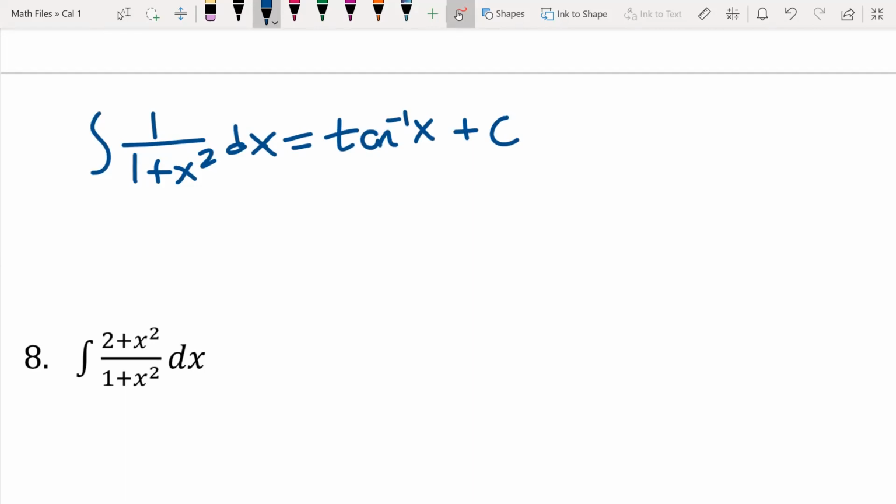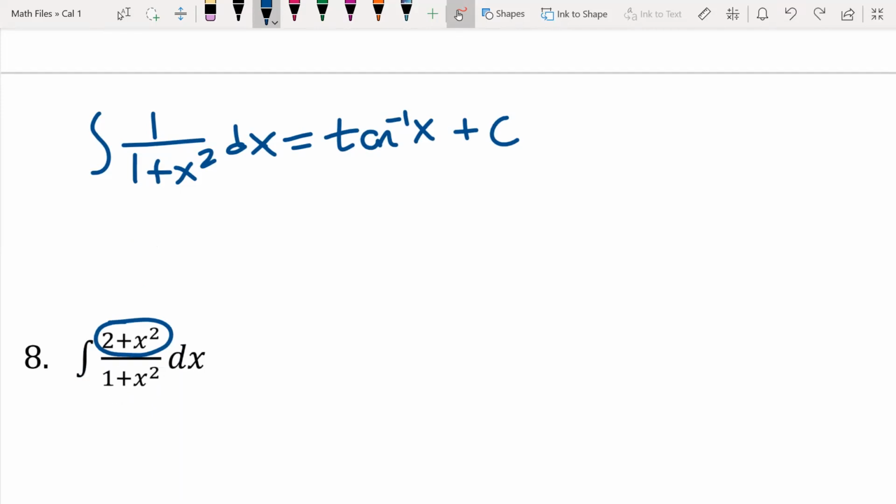So if we could somehow manipulate this expression to look like that, then we can find one piece of this integral. So what we're going to do here is we see that we have 2 terms in the numerator over the same denominator.